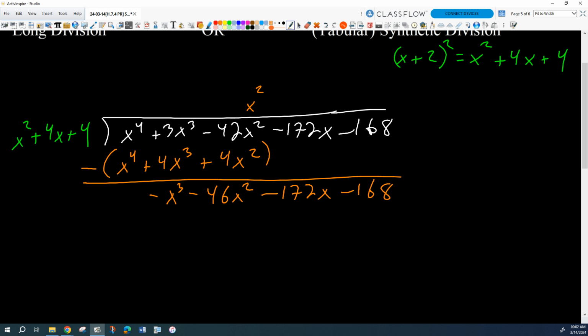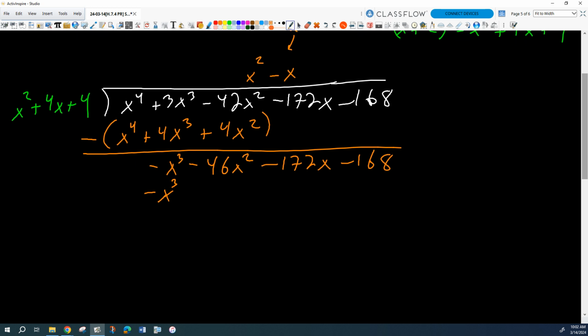Okay, we go again. Now what? Negative x. Good. How many times does x squared go into negative x cubed? Negative x. Distribute that through. I get negative x cubed minus 4x squared minus 4x.